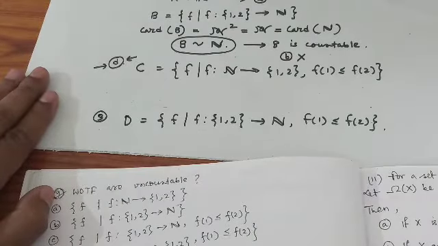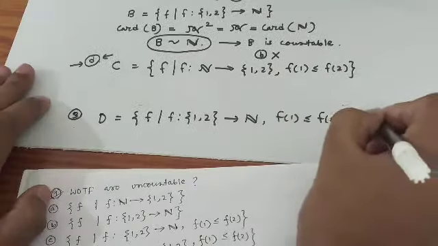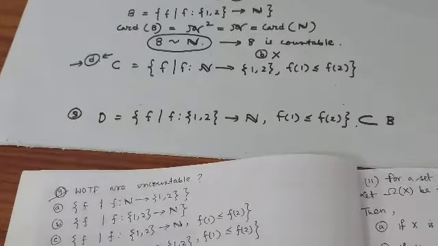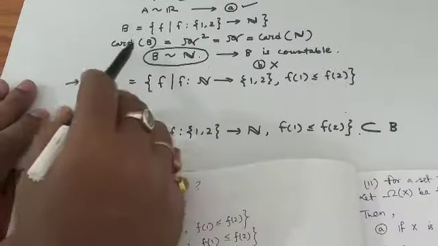And observe it, this is in fact a subset of B. This is a subset of B. And B is a countable set, correct? B is countable, just shown over here.